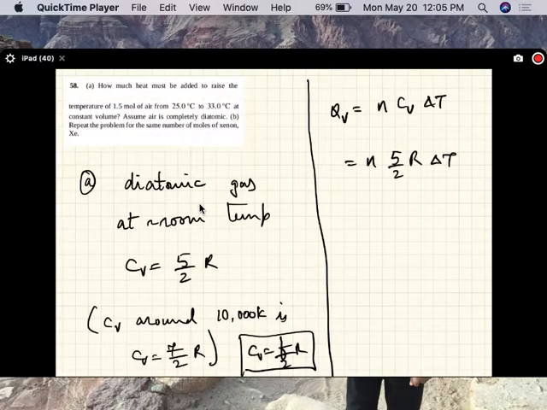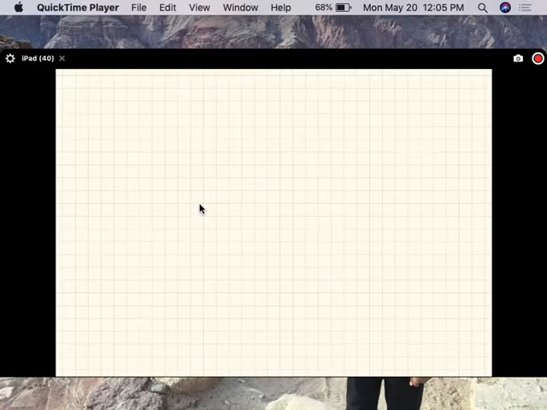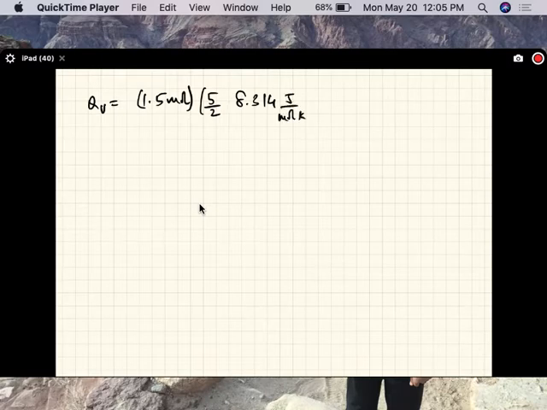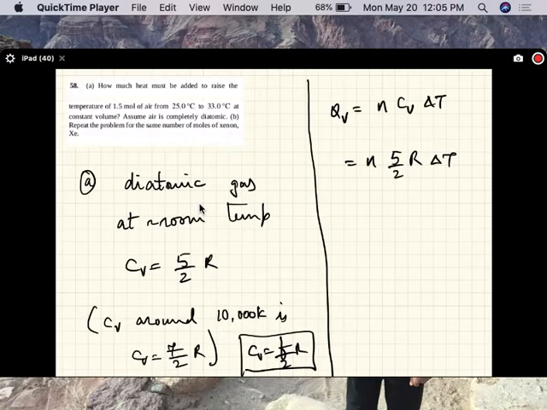I'm going to add another page because I don't want to get scrunched up. So QV is n, which is 1.5 moles, times 5/2, times R, which is 8.314 joules per mole per Kelvin, times delta T, which is 33 minus 25, which is 8 degrees Celsius.